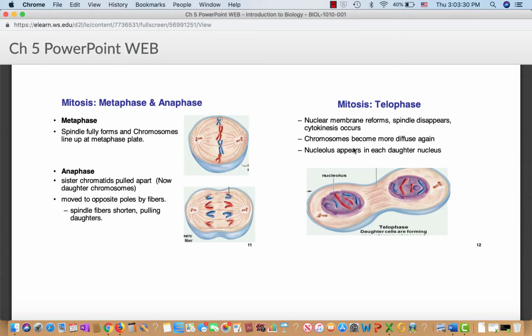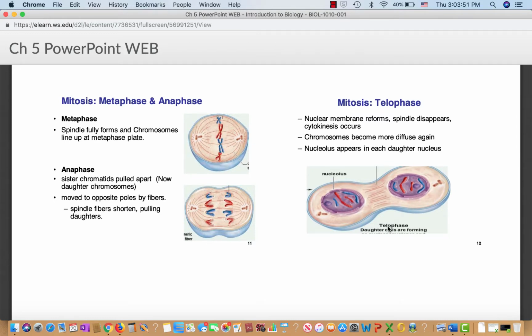And then telophase, you form this cleft in the cytoplasm, and it will physically start dividing the cell into two, and you have your 2 separate nuclei with your DNA and copies of all of your organelles and everything here ready to go.